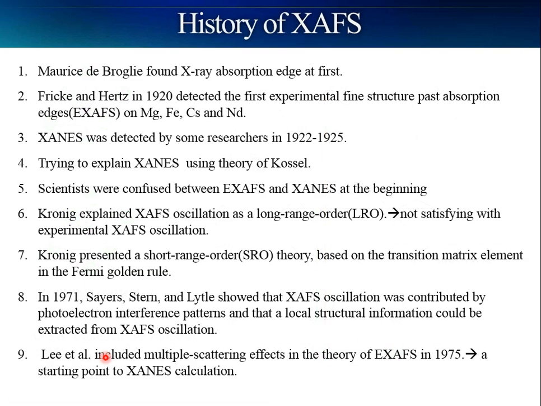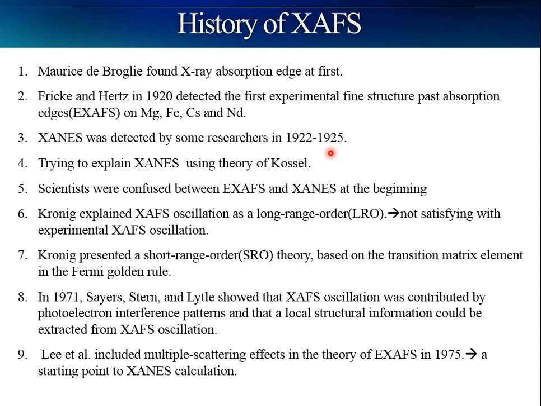Okay, now the history of the XAFS is being described. The X-ray absorption edge was found by de Broglie, who is the brother of de Broglie who found the matter wave in quantum physics. In 1920, Fricke and Hertz detected the first experimental XAFS on Mn, Fe, Cs and others. From 1920 to 1925, the GANES was reported by some researchers.